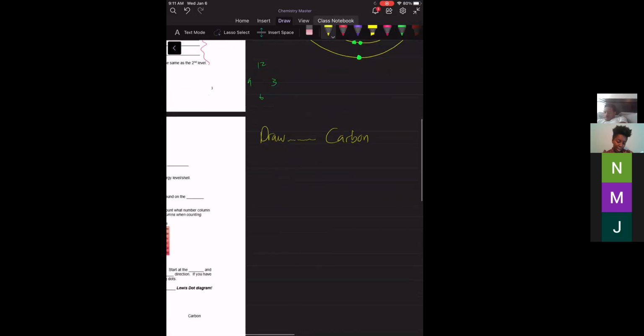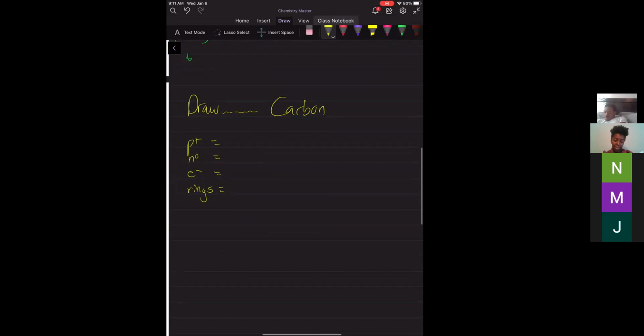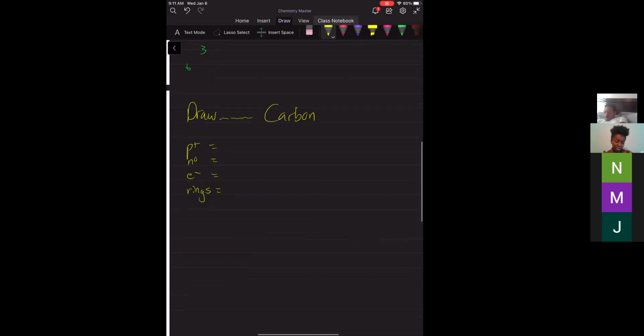So we still need to figure out how many protons, neutrons, electrons, and rings we have. All right. I did not give you a mass number this time. I did not give you anything indicating charge. Who can tell me protons? This is carbon.